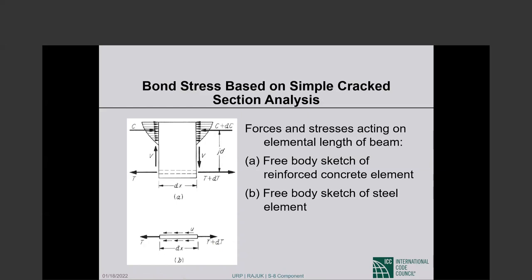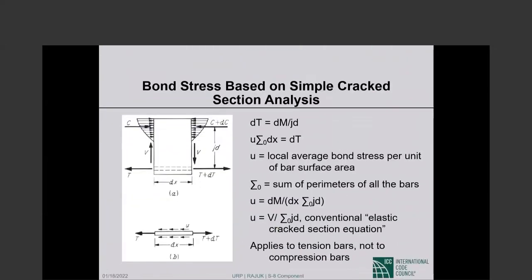In figure A, we have the free body sketch of the reinforced concrete element. In figure B, below, I have the free body sketch of the steel element, and it involves the bond stresses u. The same picture, but now we will look at a few things.